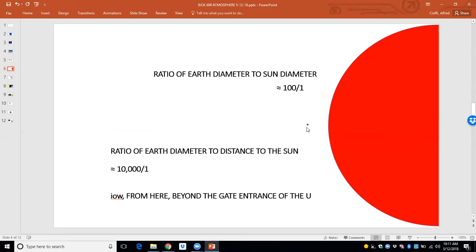So if we were to use that as a standard, what's the diameter of the Earth? The radius was 6,000 kilometers, I think. So the diameter would be 12,000. Or miles, doesn't matter. Was it 24,901?